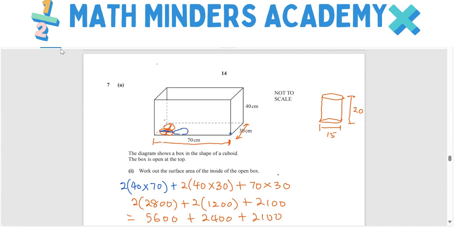Another cylinder of diameter 15 will enter, making 30. Another one here of diameter 15 will come in, making 45. Another one here will come in, making 60, okay? We won't be able to have any other cylinder here because this is remaining 10. It can't contain any other one.